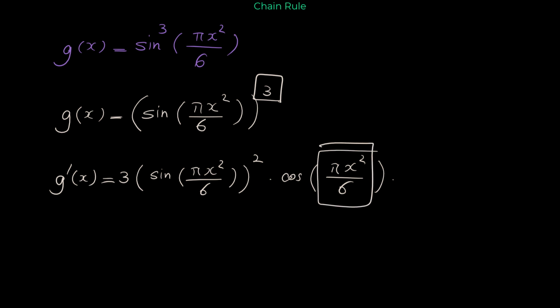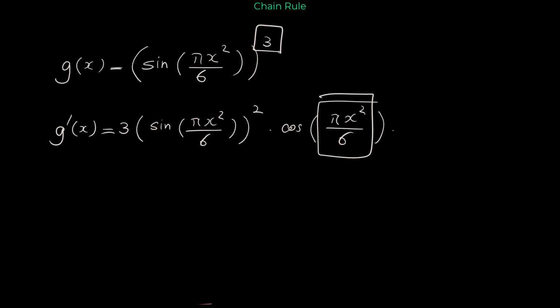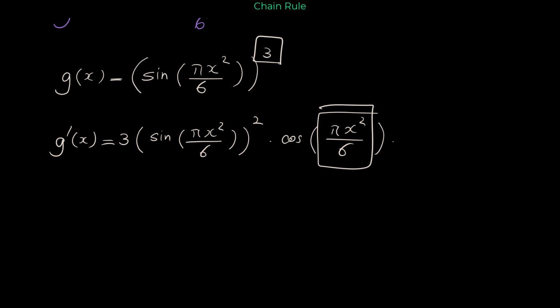But what is the derivative of pi x to the 2 over 6? Attention, the derivative of x to the 2 is 2x. Pi and 6 here are just numbers. So when you want to find the derivative of pi x to the 2 over 6, keep the constant, and just take the derivative of x to the 2. You don't need to use any product rule, any quotient rule. This is a very simple function.